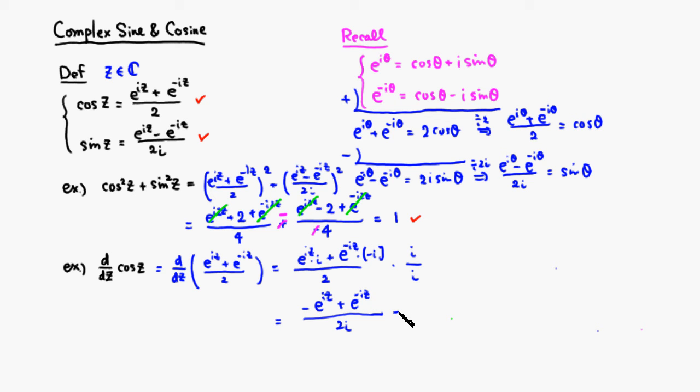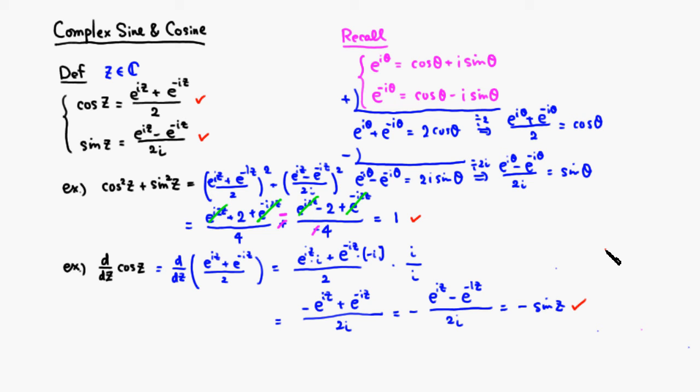If you pull out the negative sign, you will see e to the iz minus e to the negative iz all over 2i, which is the same as sine of z. So you get negative sine of z, which is the derivative of cosine of z. So this makes sense as well.